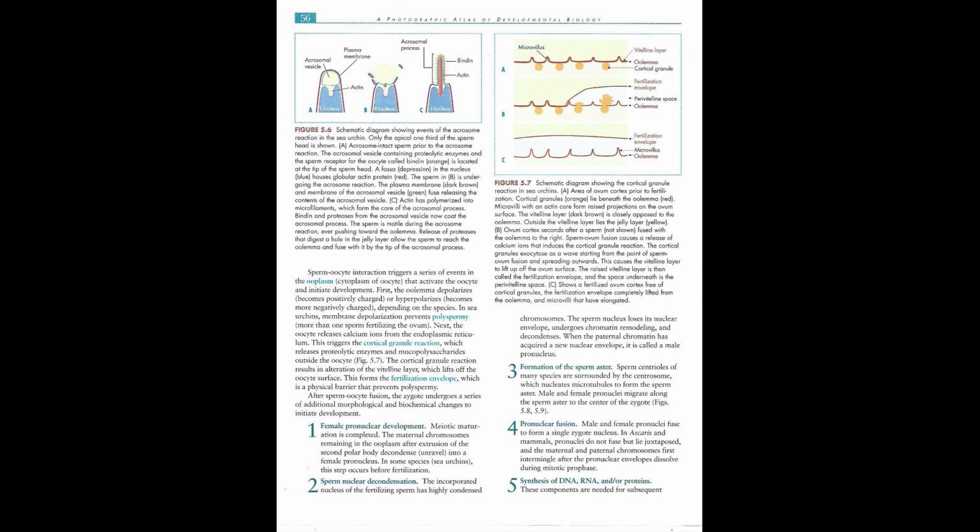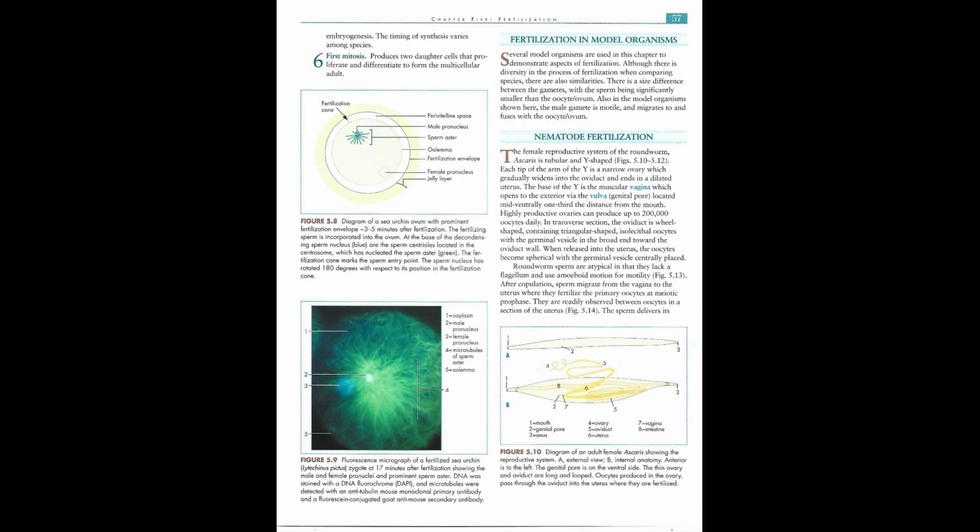Synthesis of DNA, RNA, and/or proteins. These components are needed for subsequent embryogenesis. The timing of synthesis varies among species. First, mitosis produces two daughter cells that proliferate and differentiate to form the multicellular adult. Fertilization in model organisms. Several model organisms are used in this chapter to demonstrate aspects of fertilization.